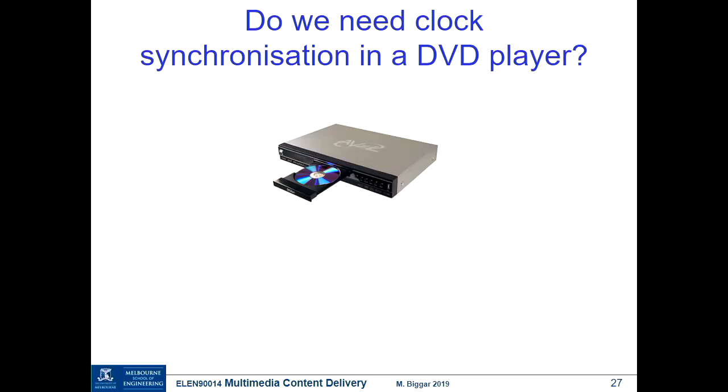But the question is, do we need to? Okay, we're getting timestamps of the audio and video data that's on the disk, but they are referring to a clock, and they were actually referring to the clock at the encoder at the time it was encoded. So, do we need to somehow synchronize the clock internal to the DVD decoder?